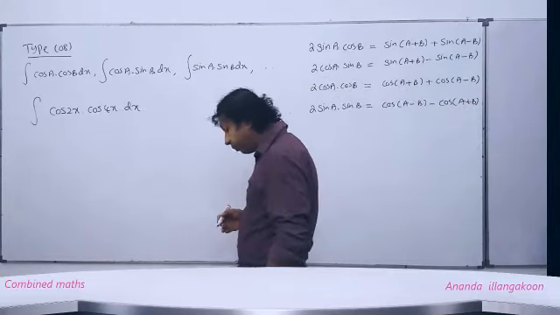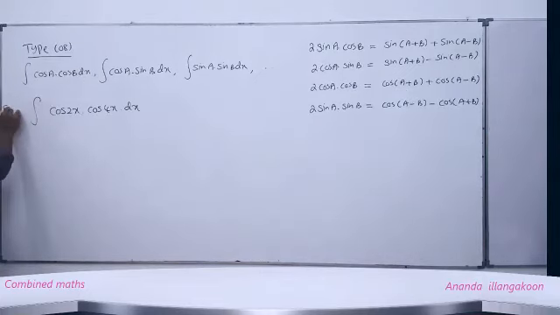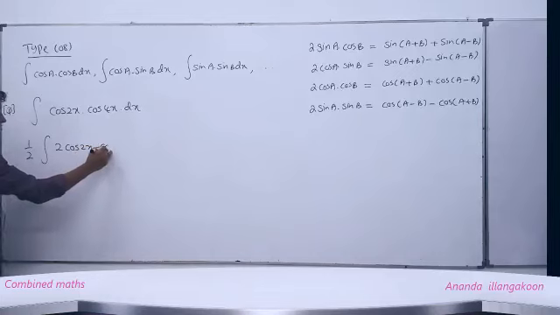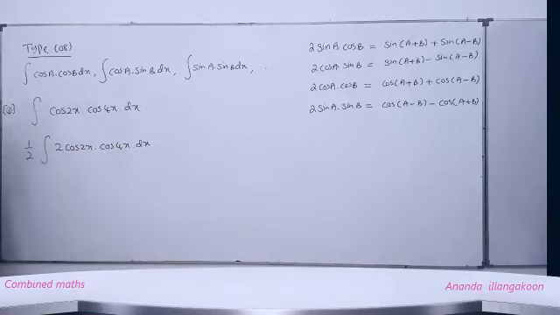What we do is, this product, we multiply by 2 and divide by 2 this way. Okay.